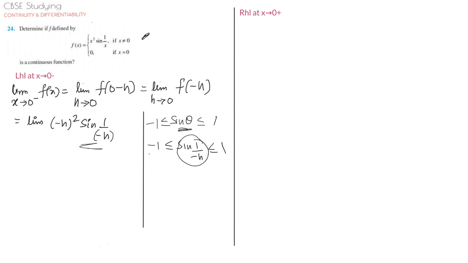That means sine 1 by minus h is a finite value. It is a constant value. So what will I do? I will replace sine 1 by minus h with k. So over here, I'm going to write limit into k. Now I'm going to put the value of h as 0. When I put the value of h as 0, this becomes 0 into k, which is equal to 0. Same procedure I'm going to do over here also.